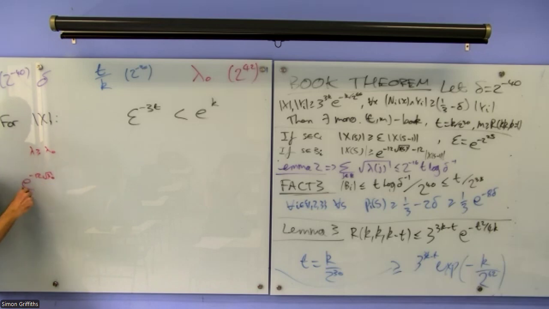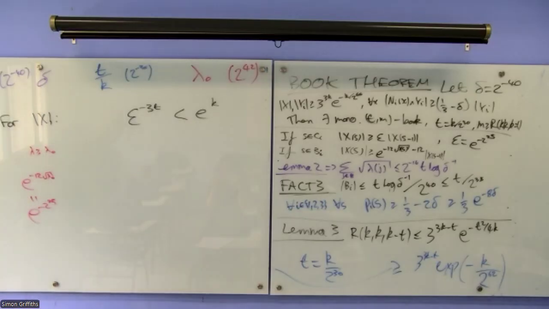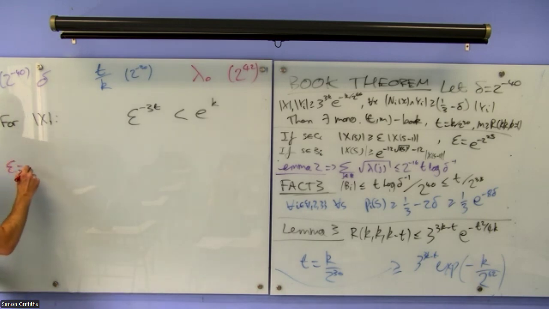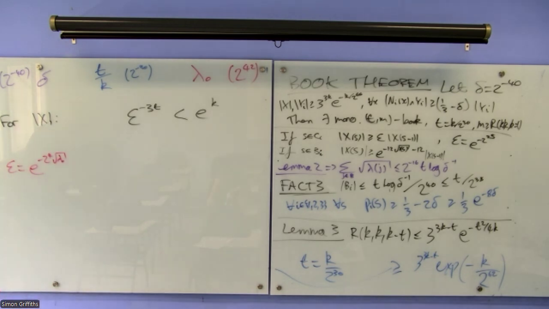So it's basically like e to the minus 12 root lambda. So because our lambda was 2 to the 42, this was 2 to the 21, and then you turn this into e to the minus 2 to the 25. This is where the epsilon came from. But in general, the epsilon might be e to the minus 2 to the 4 times root lambda 0. That's what the epsilon really is.